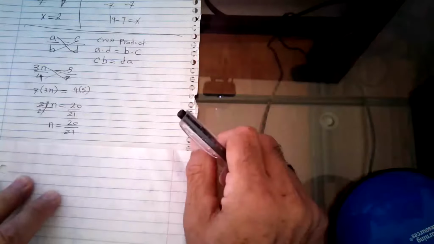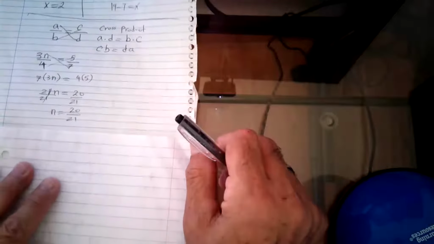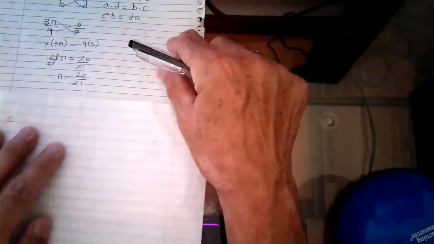So if two fractions are equal, then you could always cross multiply. See, that's how it works. You cross multiply and you find the value of n. They call it cross product or cross multiplication.